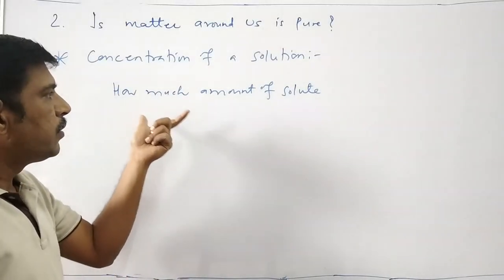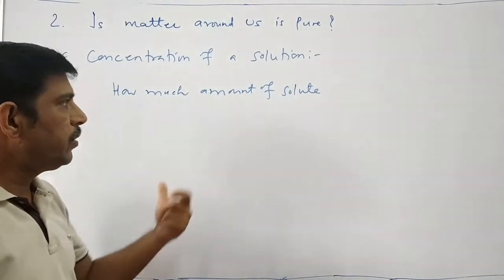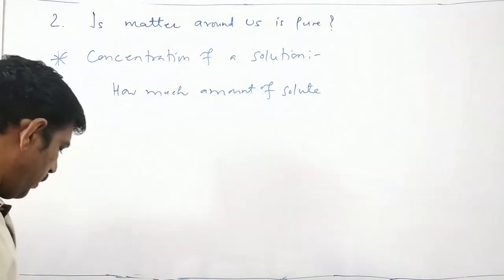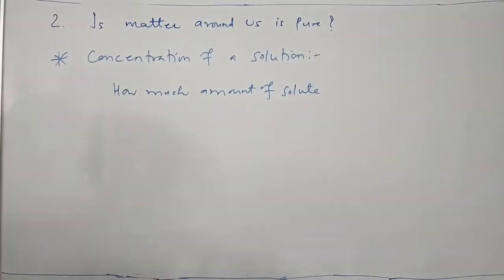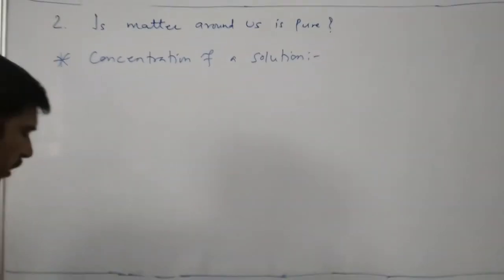What is the quantity of the solute present in a solution? That is called as concentration. And this concentration of a solution we can find out by different parameters or by different ways.